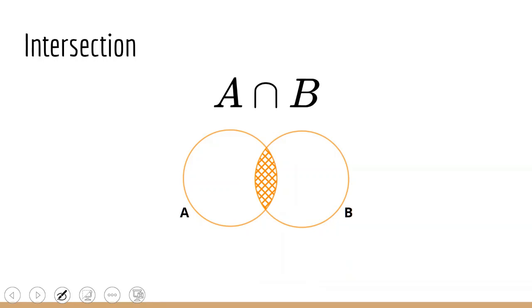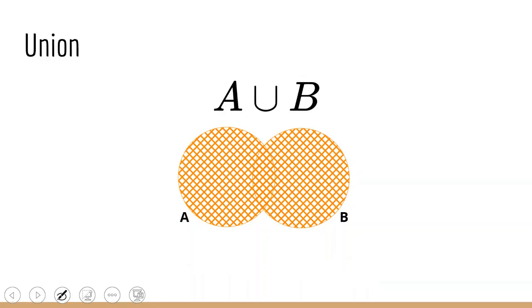Intersection gets the common elements between two sets. For example, if we were to find the intersection of the set -2, 4 and the set -4, 2, we would find what is common, which in this case is just -2. On the other hand, the union of two sets gets all the elements in both sets.